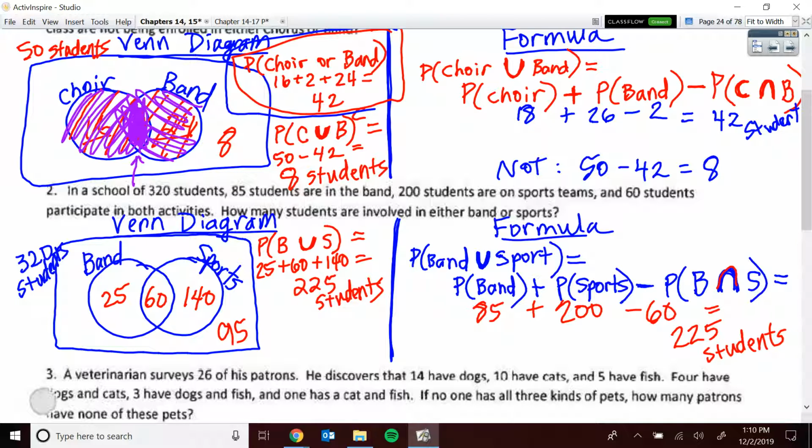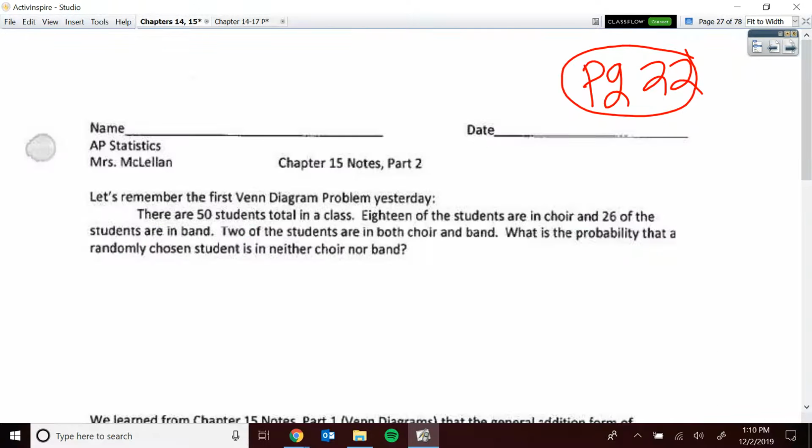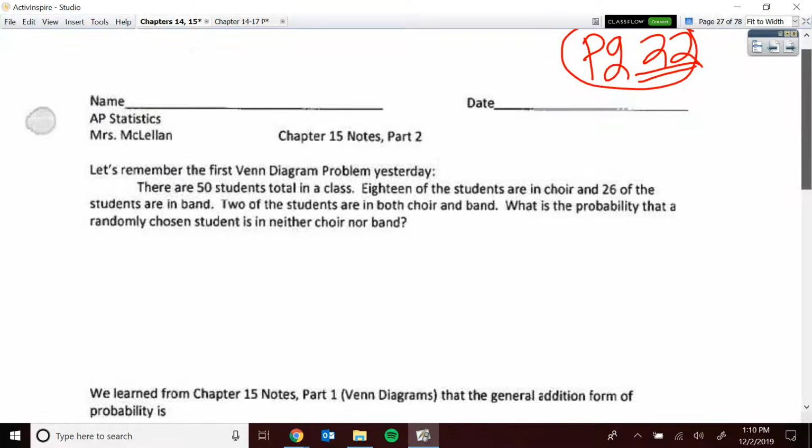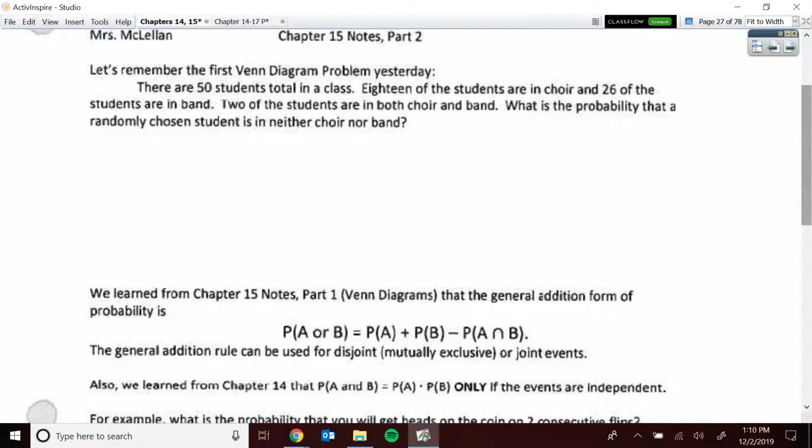Okay, very good. Now what I actually want to do is let's go ahead and just real quickly get a place where you can write this out real nicely. If you go to page 22, this is a problem. I want you to just write this out with the formula where we had kind of listed the formula second, so the probability.